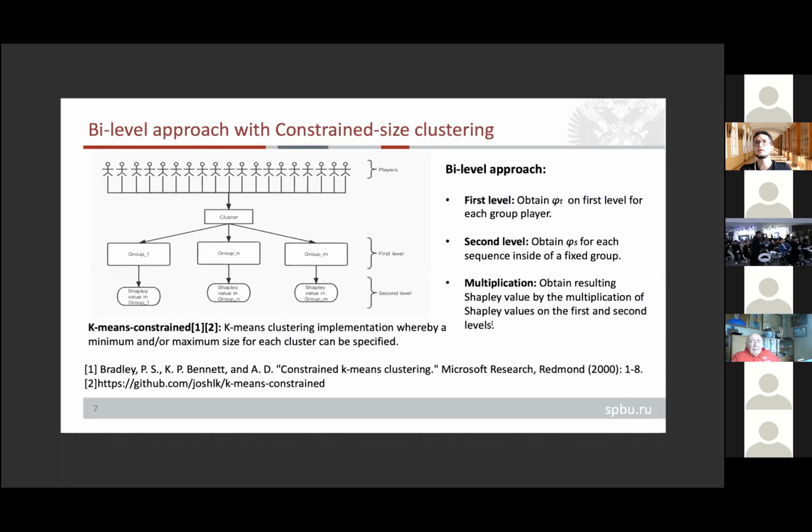Then we calculate the characteristic function and Shapley value for each cluster, and we also consider each cluster as one player and calculate the Shapley value for all of these clusters. By multiplying these two Shapley values, we obtain the Shapley value for each unique feature. Of course, you can think that when we do this, we are losing some of the explanation of the value.